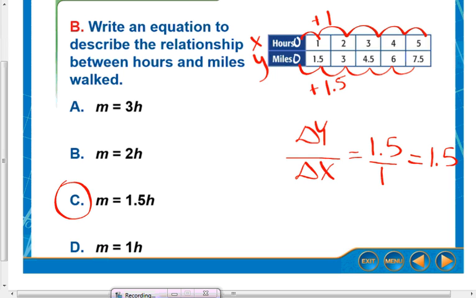Okay? Oh, and also notice that none of them have a y-intercept because if we took it backwards, see how we have the 0 here? We go backwards. Basically it's still 0 plus 1.5 would give me 1.5, and 0 plus 1 would give me 1. So it goes through the origin, and it has a slope of 1.5.